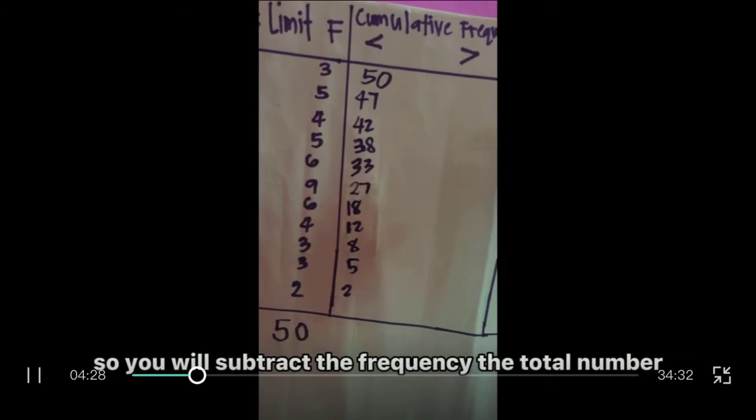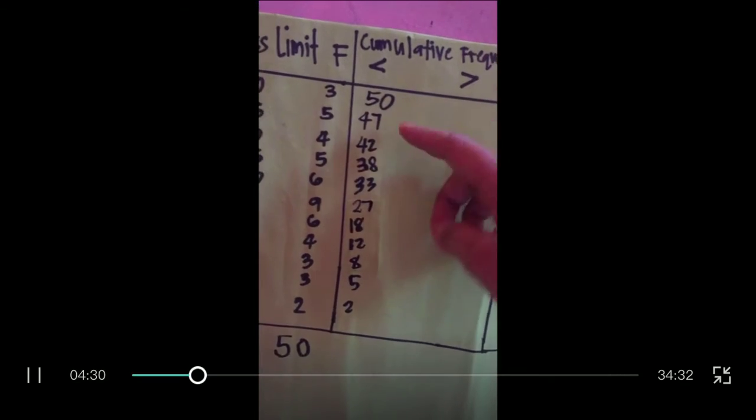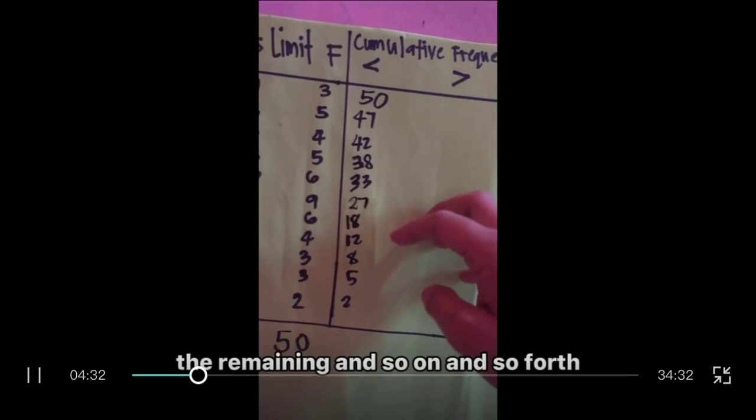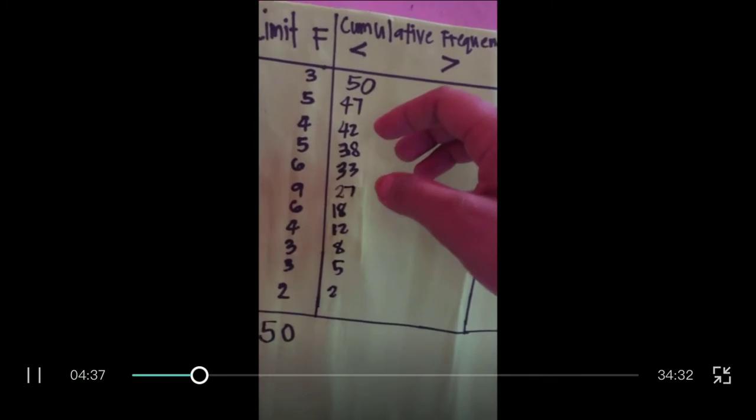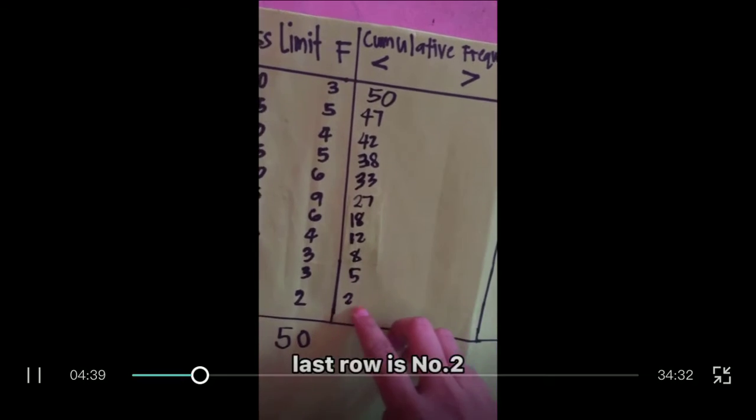So you will subtract each frequency from the remaining total, and so on and so forth, until the last row, which is 2.